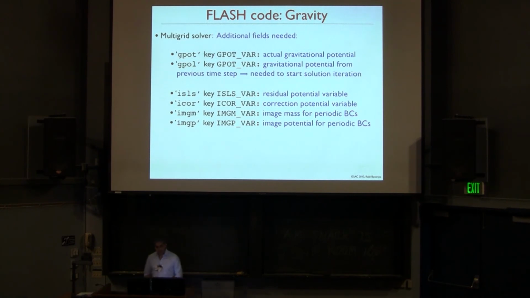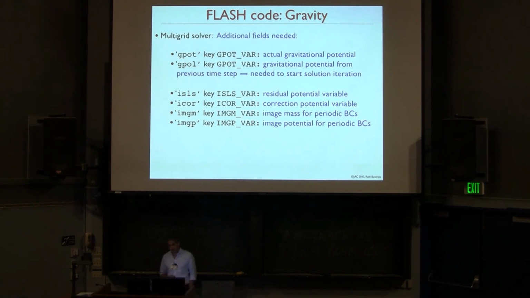Yeah, and because you need a couple of additional variables to do this iteration step. So these are the typical variables you need anyway for any other solver: the gravitational potential, the actual one and the one from the previous time step.